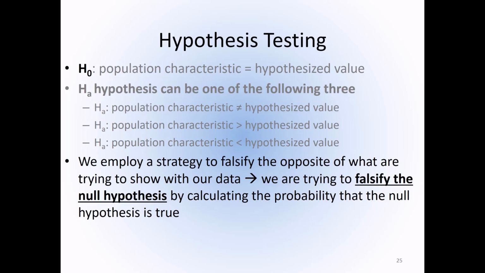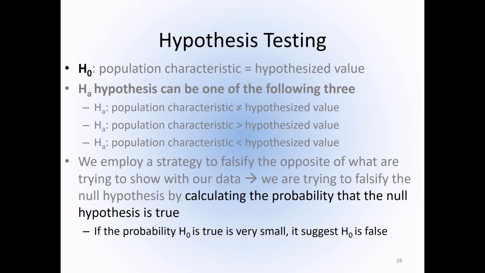And we're going to aim to use our data and statistical tests in which to falsify the null hypothesis. Again, this is a straw man, meaning that we're trying to knock it down. We're actually trying to falsify the null hypothesis using the data and the statistical tests at our disposal. Now, if the probability that the null hypothesis is true is really small, then it's suggesting that it's false.